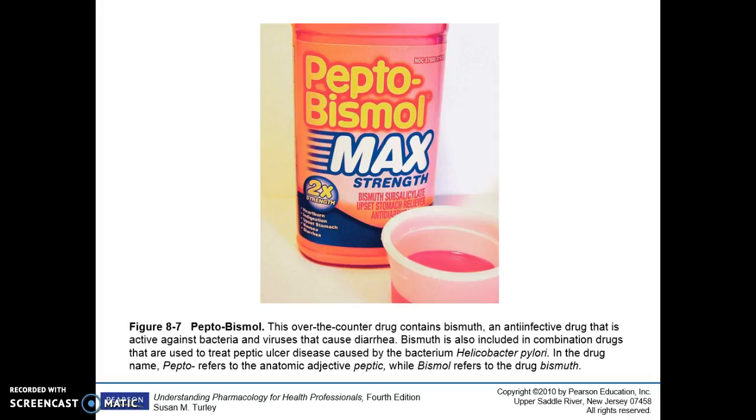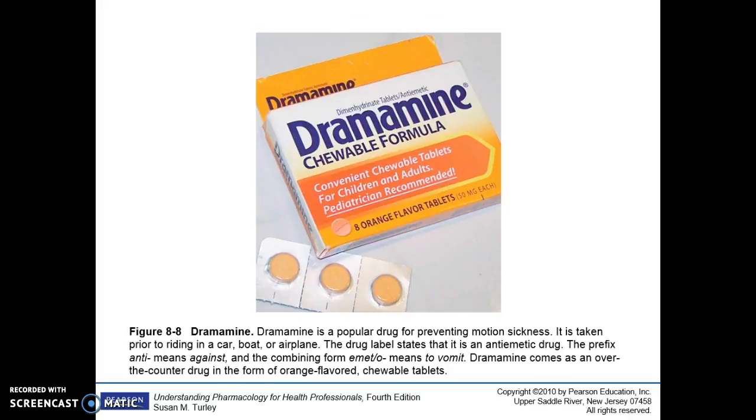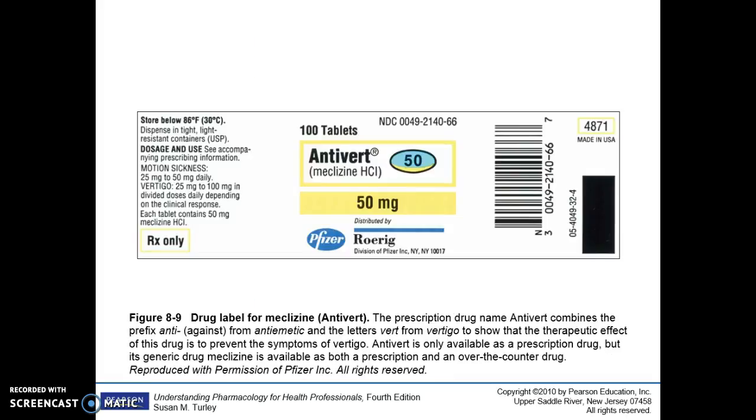A lot of folks get sick to their stomach with the anesthesia, so they give the antiemetics along with them. They also give them along with chemotherapy drugs. Some folks struggle with motion sickness, so those are used for that. Dramamine's a real common one that you're probably familiar with. Another one that's used is Antivert, which is used for vertigo.